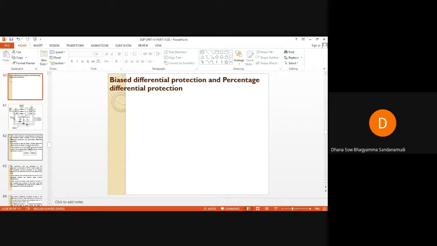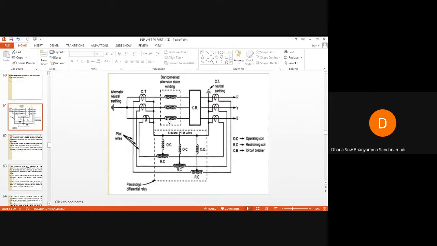This is the most commonly used protection scheme for alternator stator winding protection. You can use this protection for phase-to-phase or phase-to-earth fault protection.